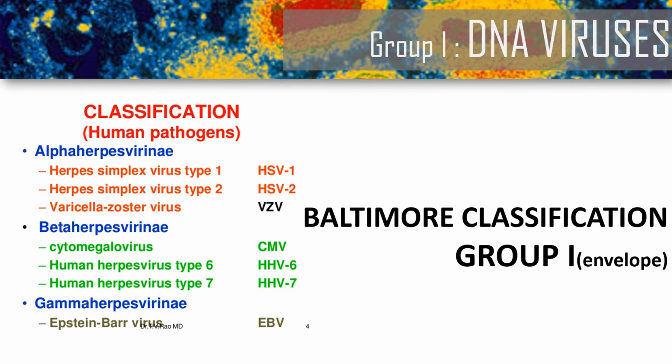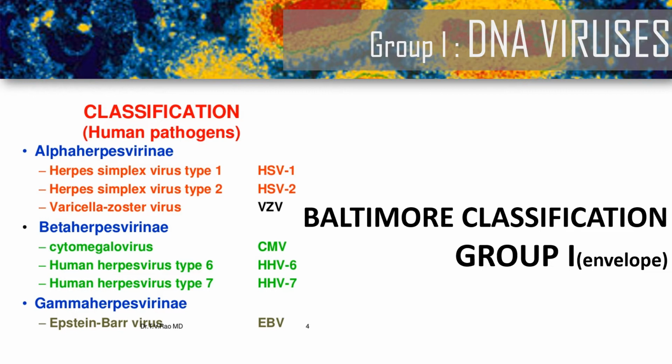For herpes viruses, you have 3 subfamilies: alpha herpesvirinae, beta herpesvirinae, and gamma herpesvirinae. Under alpha herpesviruses, you have type 1, type 2, and then you have varicella zoster virus, which is the causative agent of chickenpox and shingles. Varicella for chickenpox, shingles for zoster virus.